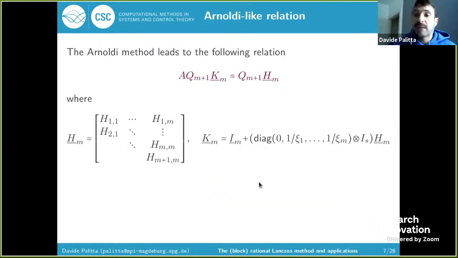By employing the rational Arnoldi method, we come up with an Arnoldi-like relation that can be written in this form, where, as usual, underline H is the matrix stemming from the Gram-Schmidt procedure, while underline K_m is given by this matrix here.